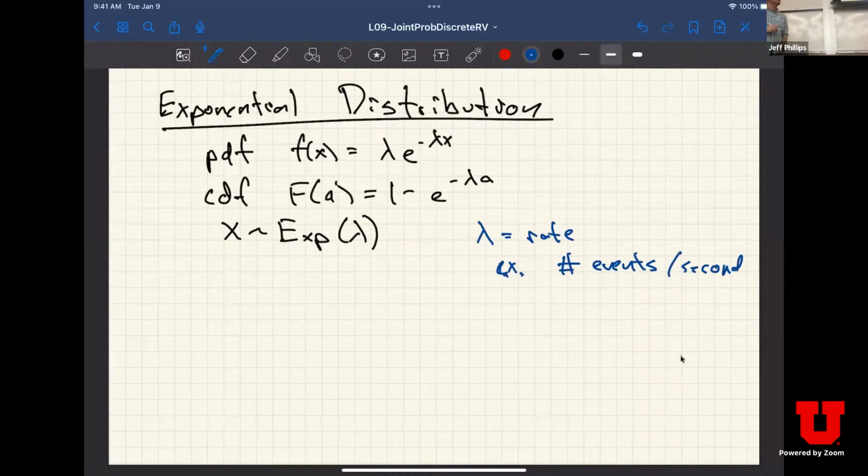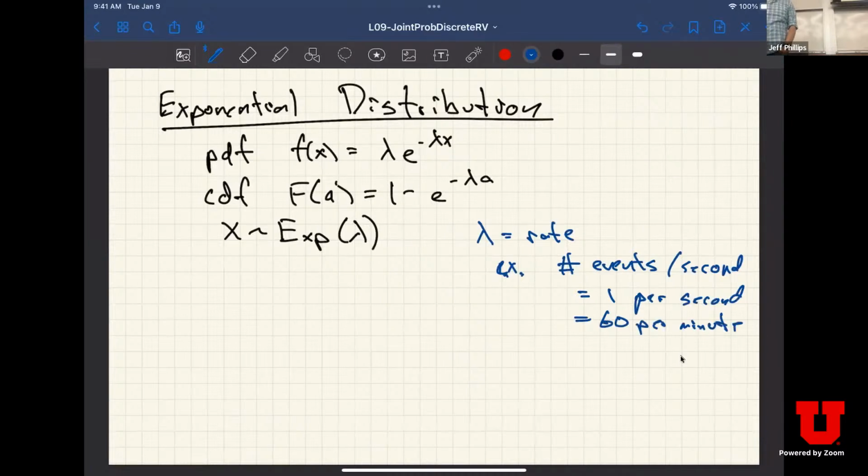So if I expect this to happen once per second, then the rate would be 1 per second, which is equivalent to 60 per minute.